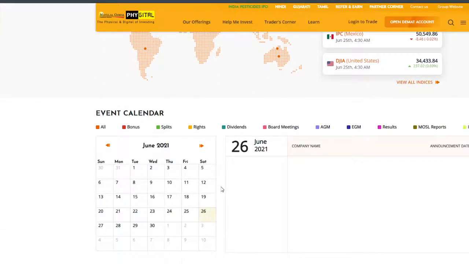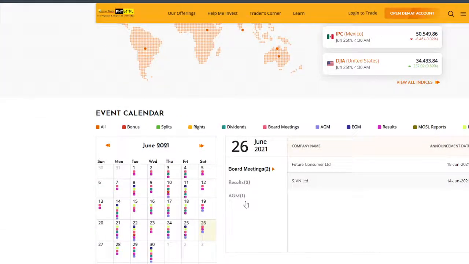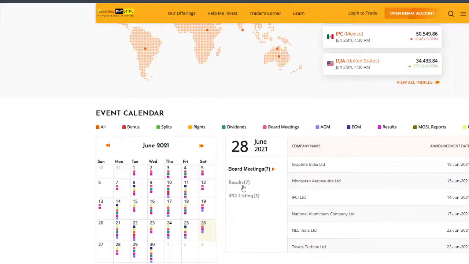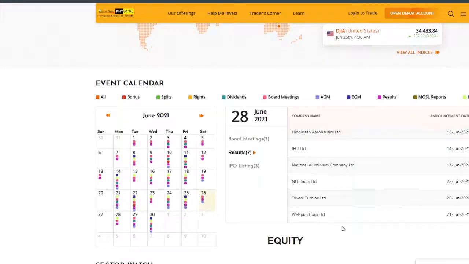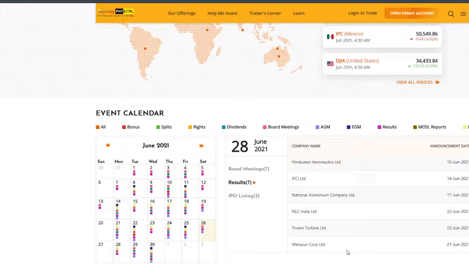You should be aware what are the stocks that are announcing results on that particular day or the very next day. On Monday, we have a few results coming out. We have HAL, National Aluminium as well. Apart from the stocks that are in futures, I'm really not so keen on any other stocks as such. So those are the two stocks that you could be aware of. And that's about the economic calendar, the events calendar.